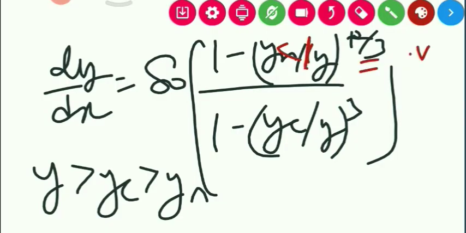Okay, so this is a positive value, and yc is greater than y, so this term will be less than 1. Okay, so it is also positive.